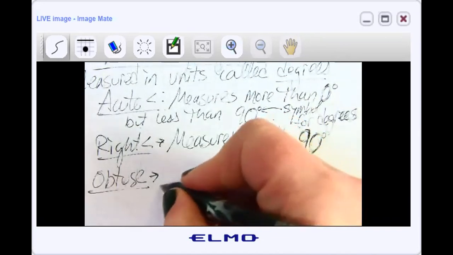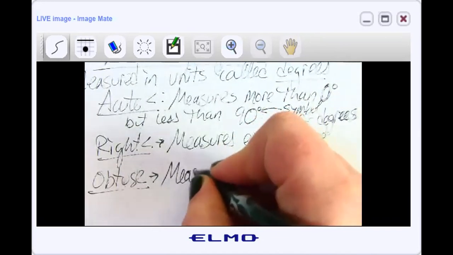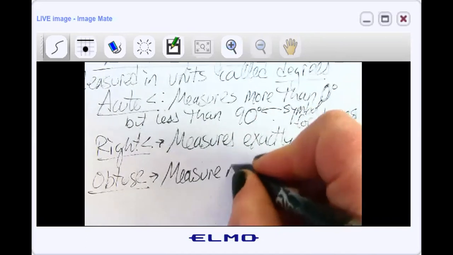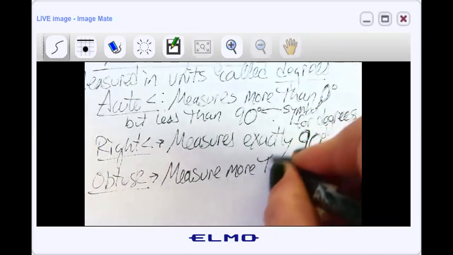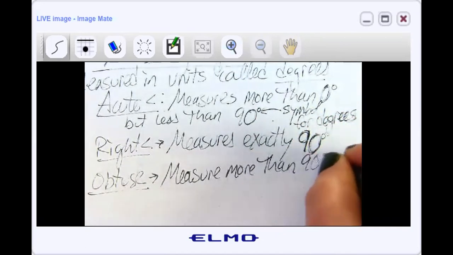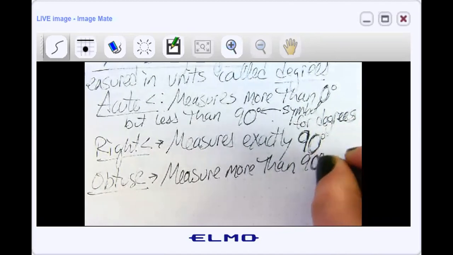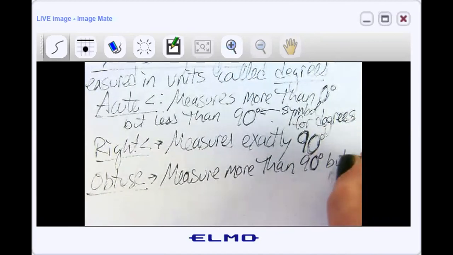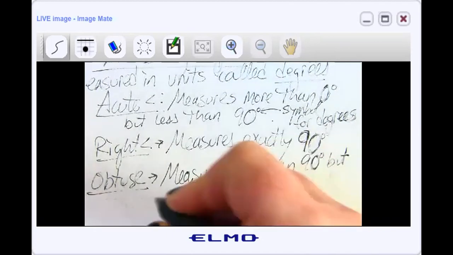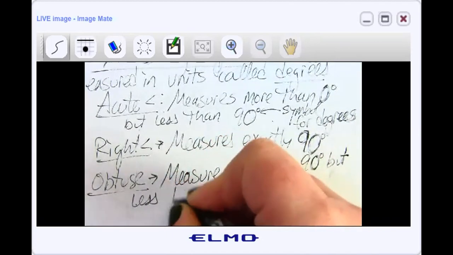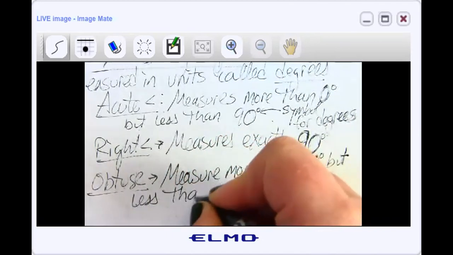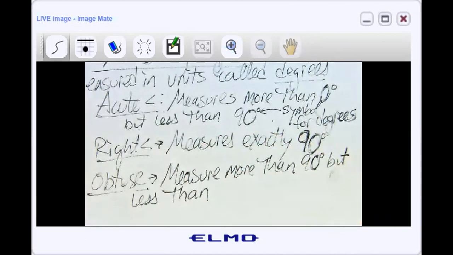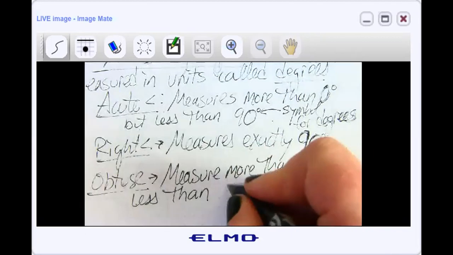So obtuse are going to measure more than 90. Is it more than 100? Or 120? Not 120, you're close though. It's in the 100s. Anybody know? It's more than 90, but less than 180. Yeah, 180.